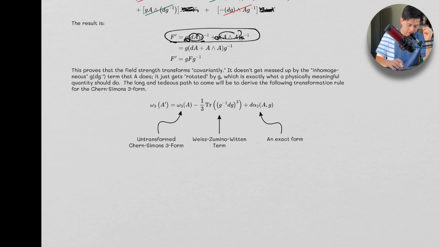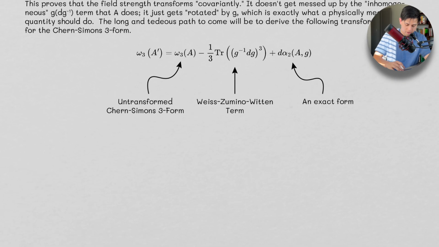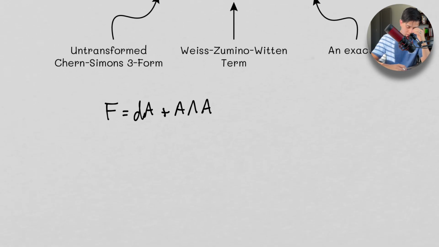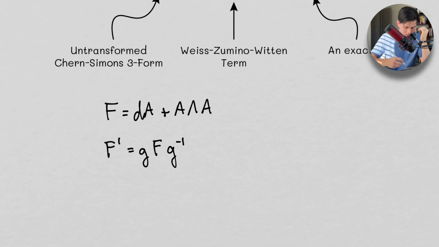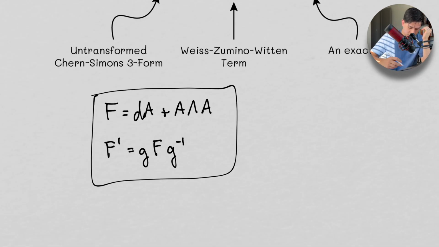But that is that. Just before I hang up here, what we've done is we've now defined this F. That was dA plus A wedge A, and the transformation for this is GFG inverse.